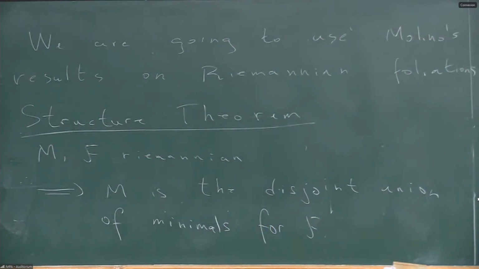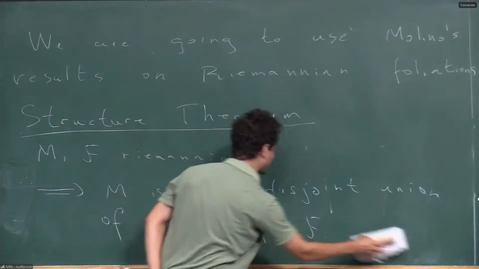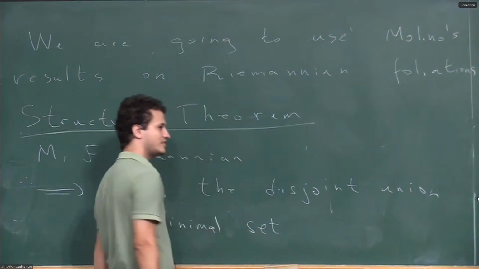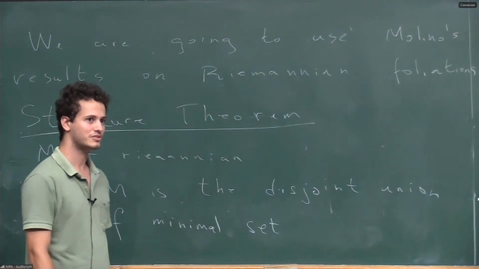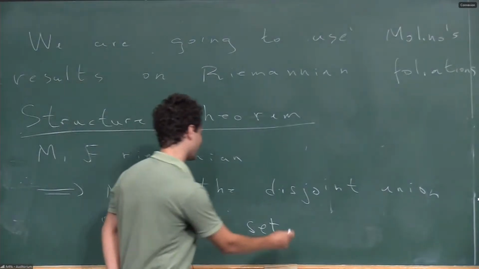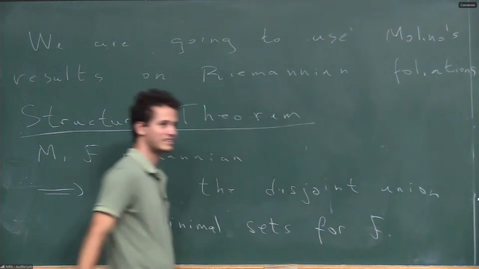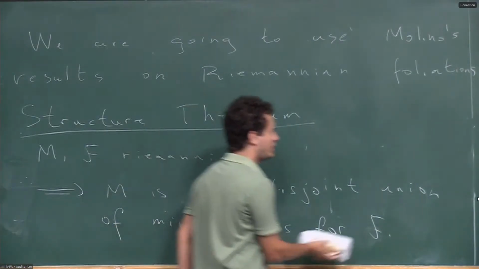And what is a minimal? Minimal set, I just abbreviated. In the paper he just called them minimals, he doesn't say minimal sets. And what is a minimal for the foliation?